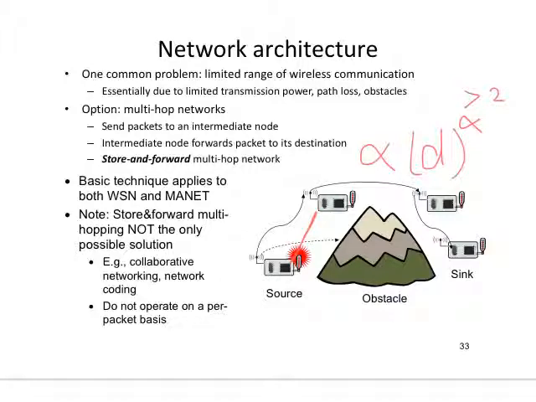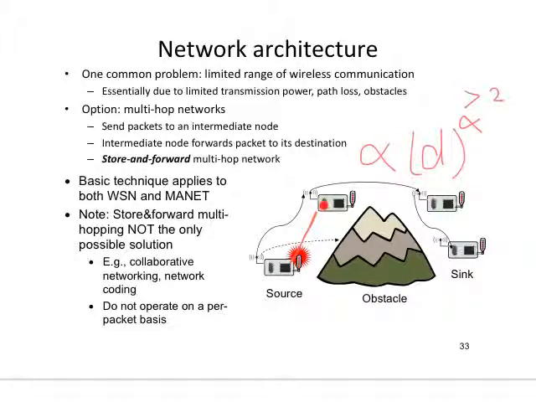Well, this is what we call store and forward. So when the source sends to this node, this node can now do multiple things. It can say, okay, so you want to spend less energy and you rely on me.